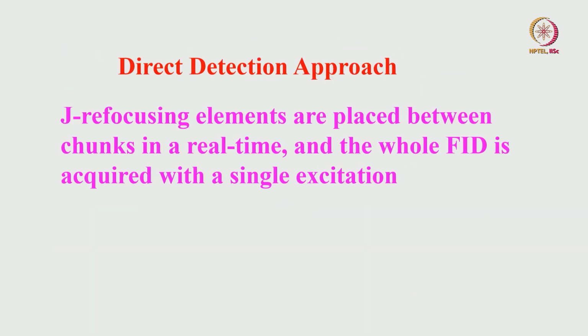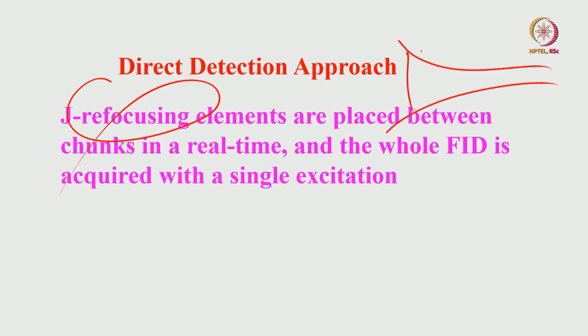There is also what is called a direct detection approach. That is a very interesting thing. In this case, while acquiring the signal, we can apply J refocusing elements in between the FID. I am collecting the FID like this, and in between I can put J refocusing at several places.